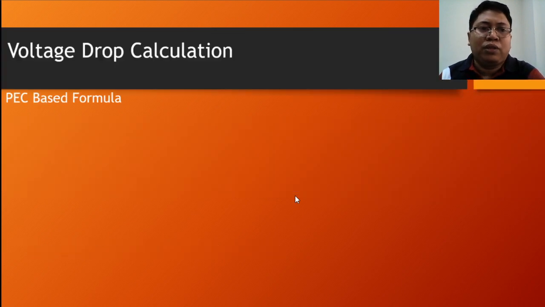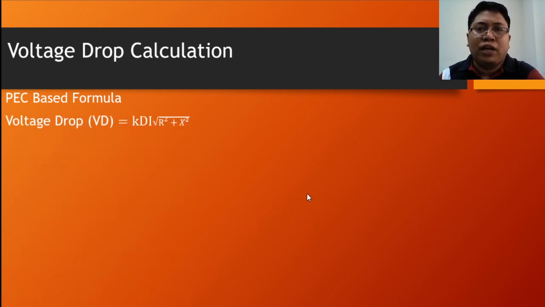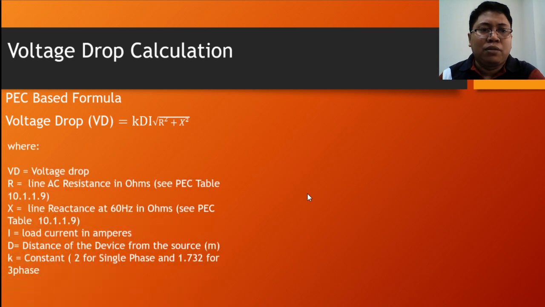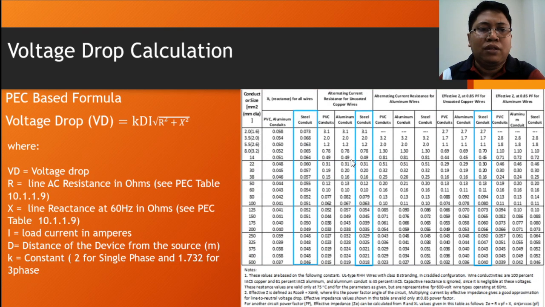Okay, for the voltage drop calculation using the PEC approach, this is the formula for the voltage drop. VD is equal to K multiplied by the distance multiplied by the I or the current multiplied by the square root of R squared plus X squared, wherein VD is the voltage drop, R is the line resistance in ohms, which we can obtain from the PEC table 10.1.1.9, as well as the X or the line reactance in 60 Hz in ohms.